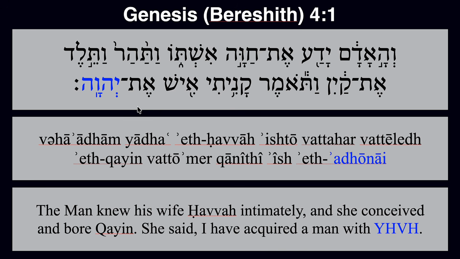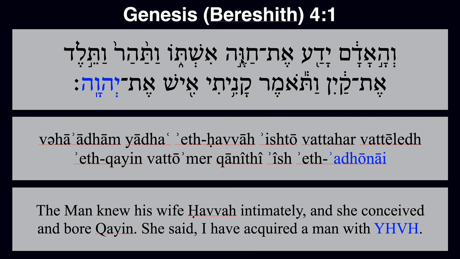But it appears Cain may have been conceived before they were kicked out. And therefore, I'll tell you why I say that. Eve says that I have acquired, kaniti, a man, ish et Adonai, meaning with the help of Hashem. Of course, the man is involved here.